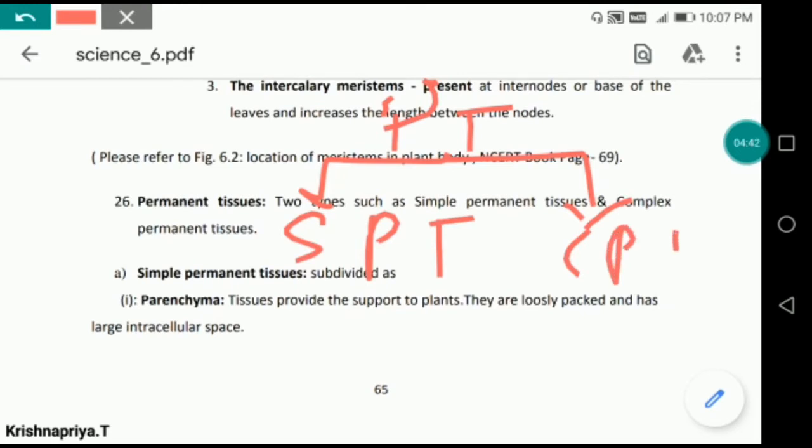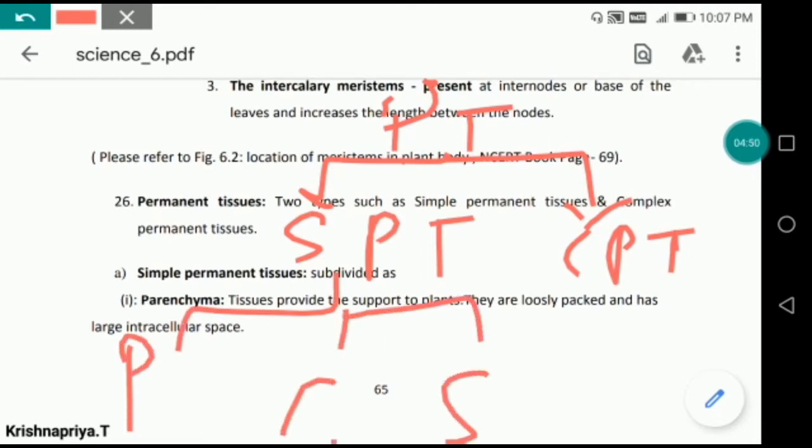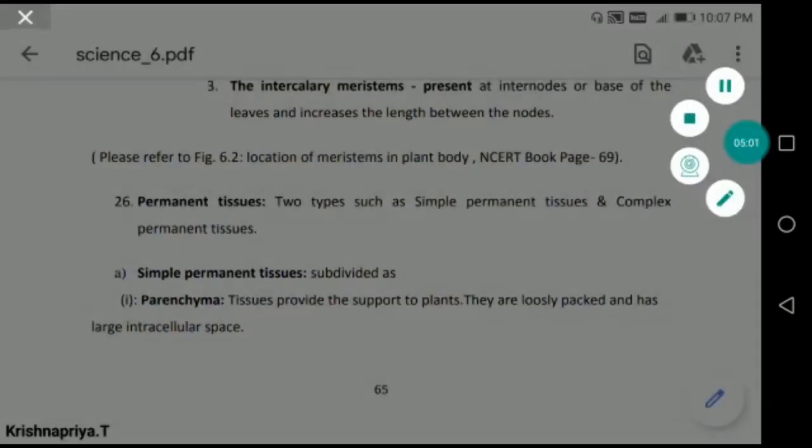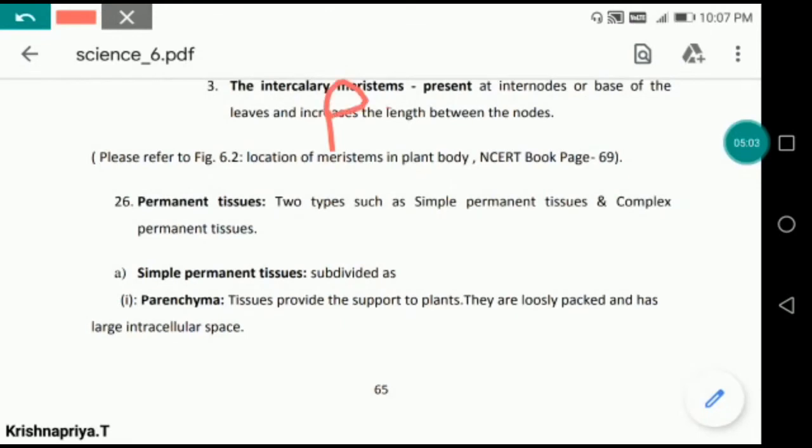Simple permanent tissue is again divided into three types: parenchyma, collenchyma, and sclerenchyma. Complex permanent tissue is of two types: xylem and phloem. Once again I am repeating, I am talking about permanent tissue.